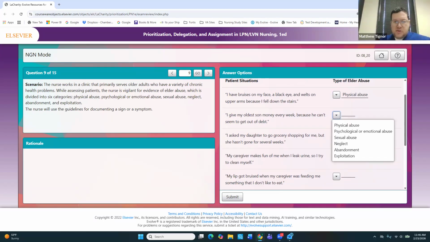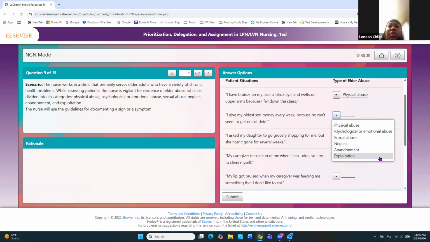Psychological or emotional? But won't that be like exploitation of her funds though? Like he's taking her money, so it would be like financial abuse. Right, 'cause he's taking her money. Now, he's not taking it; she's giving it to him.